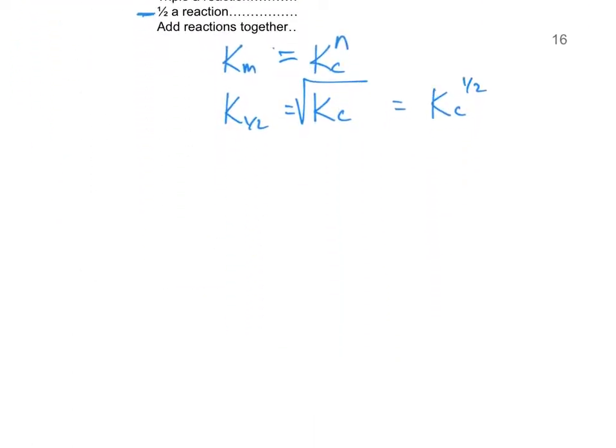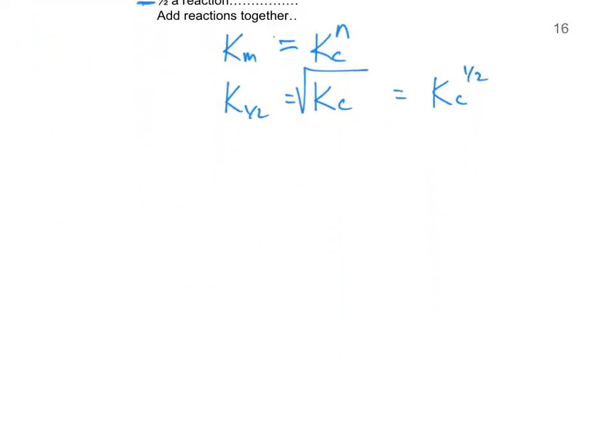All right. Let's do a new problem. We've got a 2-step mechanism that forms an overall reaction, and we want to know the equilibrium constant for the overall.